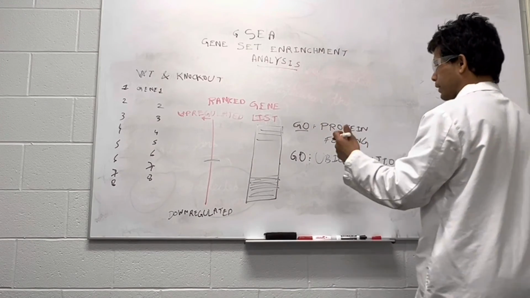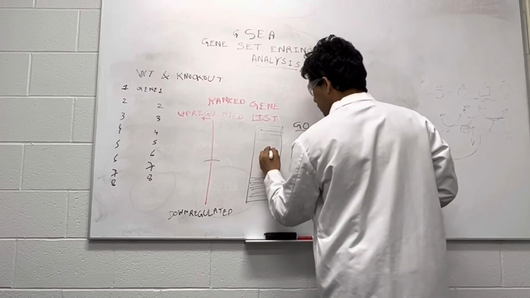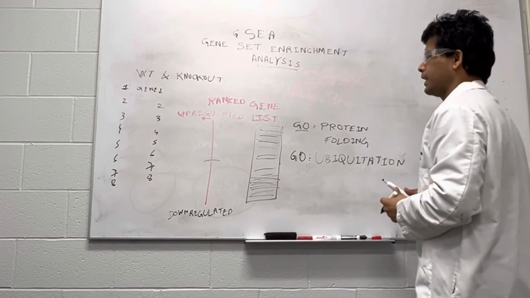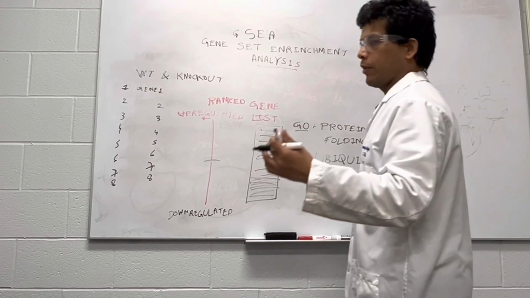And if some pathways are equally distributed among the gene list, then it is neither upregulated nor downregulated.